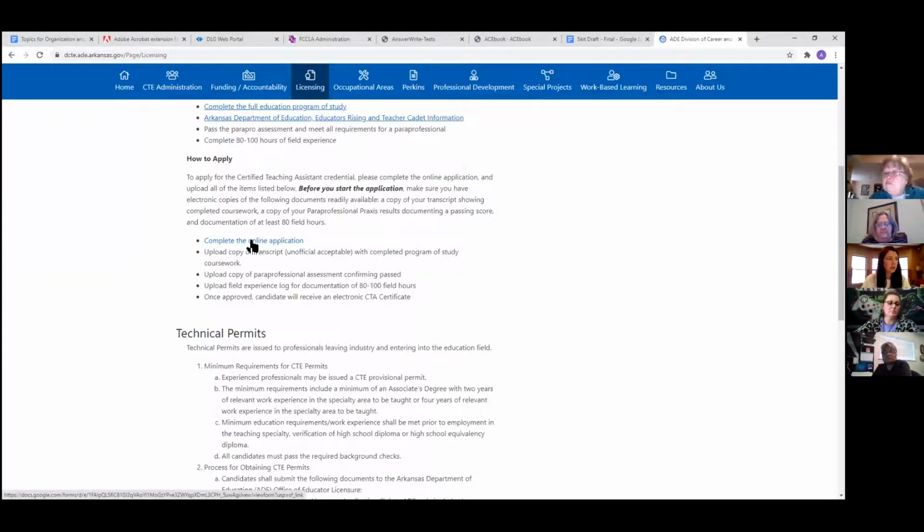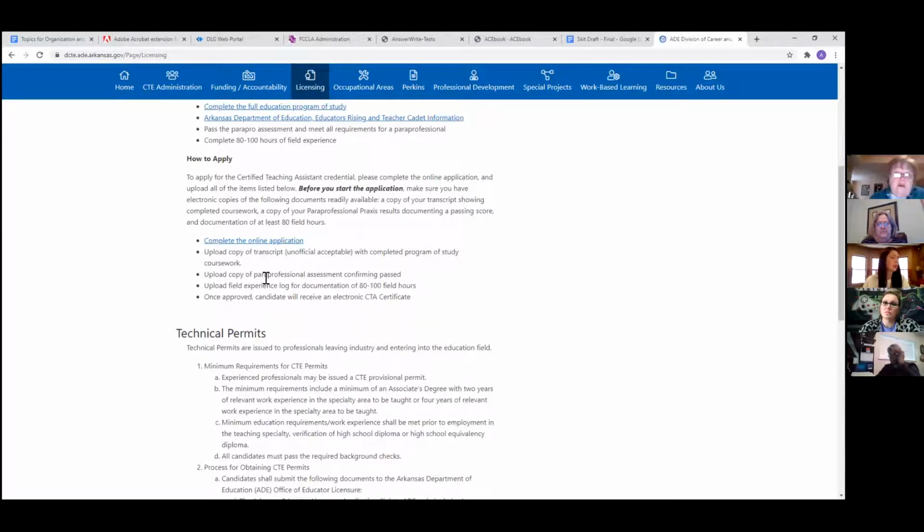But when they go in to complete that application, they're going to have some documents to upload to show proof. For example, they're going to have to upload a copy of their transcript, and that's going to show that they have completed the Pre-Educator program of study. So that should show that they have taken the level 1, the level 2, and the level 3 courses for Pre-Educator.